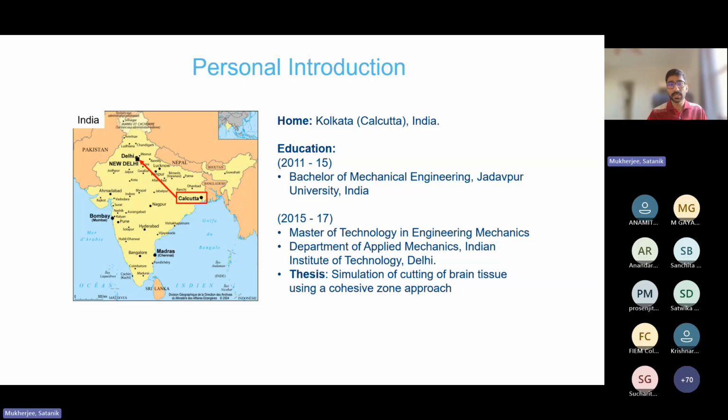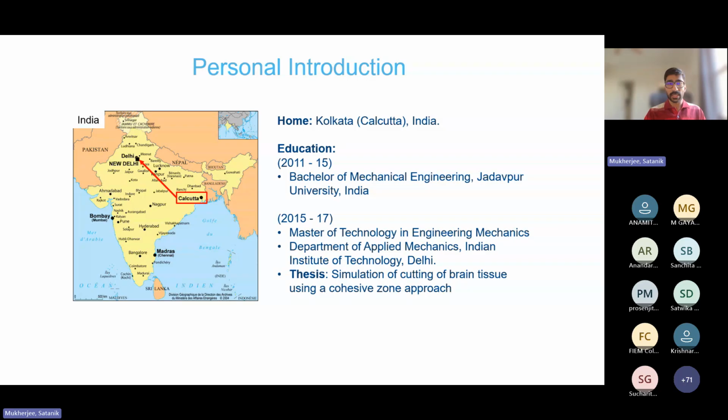It was during this time that I started getting more interested in the application of mechanics to the human body, and I worked on developing computer models to simulate the cutting of brain tissue using a cohesive zone approach.